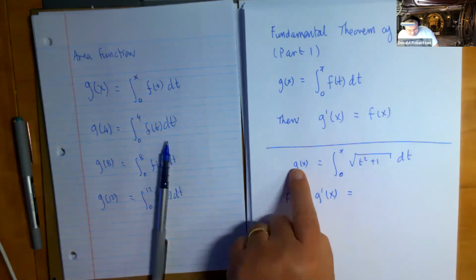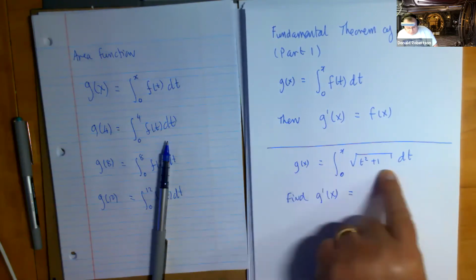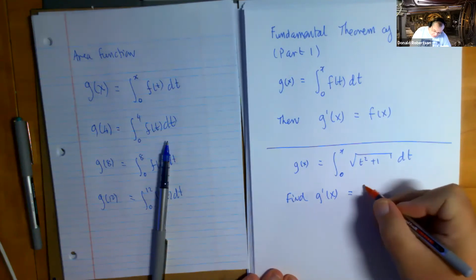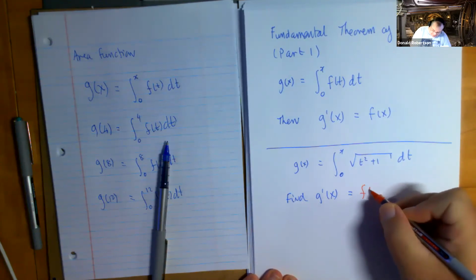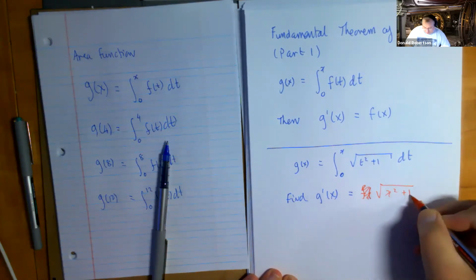So if I give you this area function and I say, what would be the derivative of this area function? Do you notice this guy here is essentially what f of t is? So you would be looking at, oops, the square root of x squared plus 1.